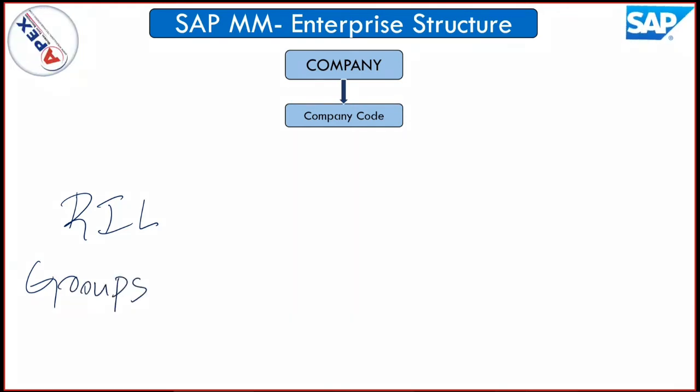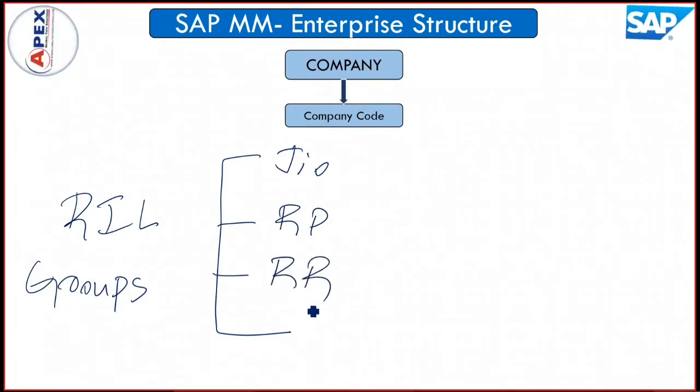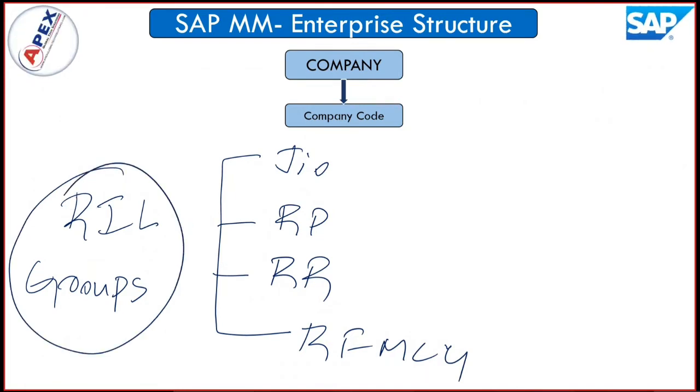Under this, we have several companies like Jio, Reliance Petroleum, Reliance Retail, and Reliance FMCG. So this is the group of companies.